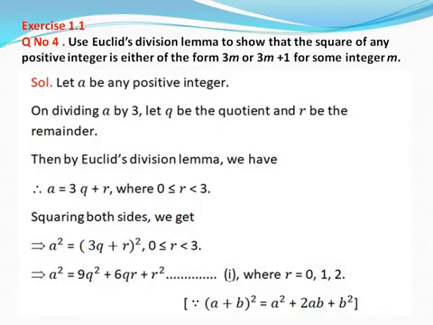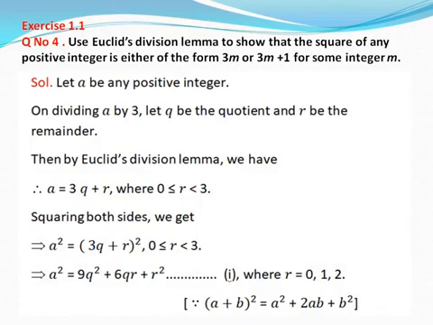Squaring both sides, we get a square is equal to (3q plus r) whole square. By using the formula (a plus b) whole square is equal to a square plus 2ab plus b square, a square is equal to (3q) whole square plus 2 into 3q into r plus r square.